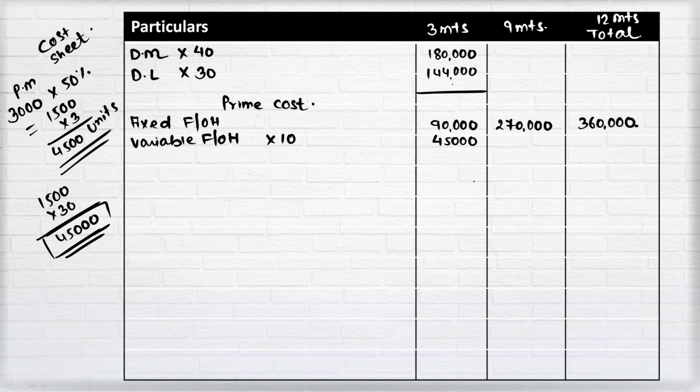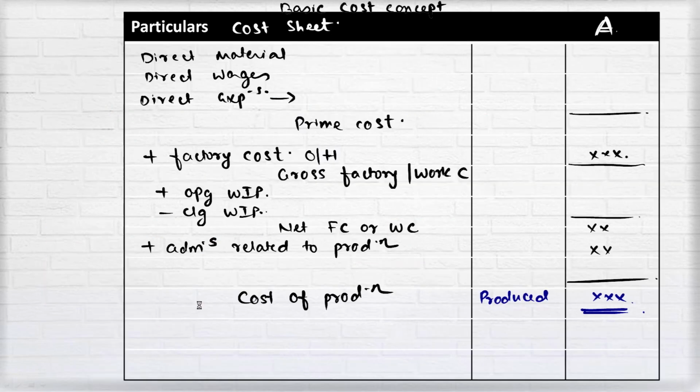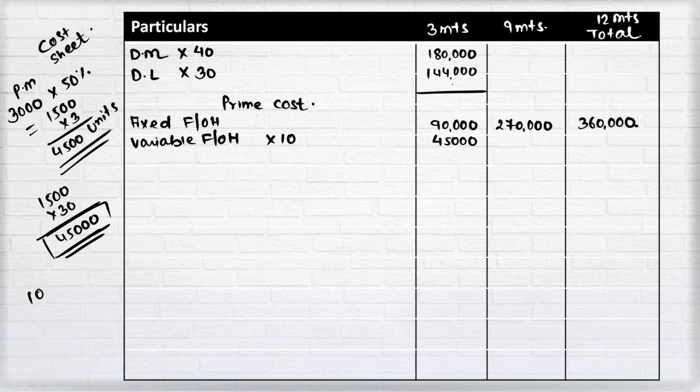Semi-variable will be a difficult task. Semi-variable is 1,08,000 per annum up to 50% capacity. We are working at 50% capacity, and it is 1,08,000 not for 3 months, it is per annum. So it will be 1,08,000 per annum into 3 divided by 12.